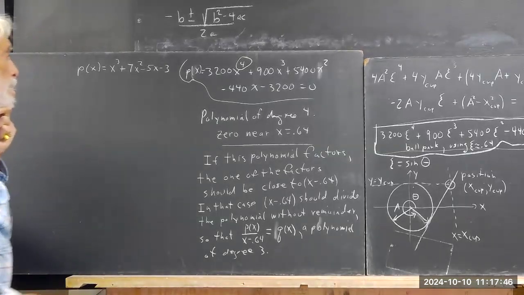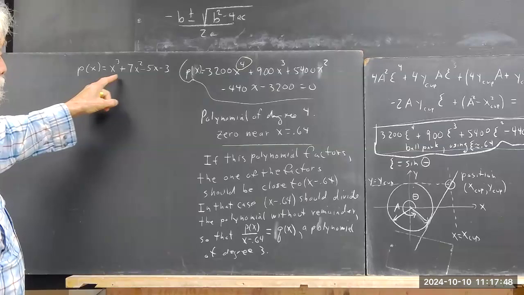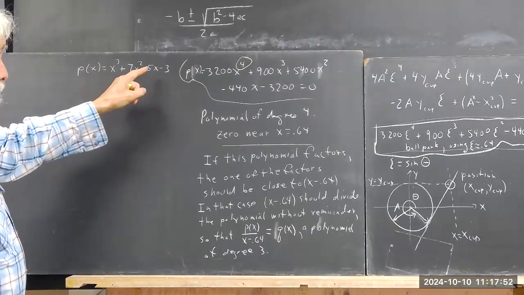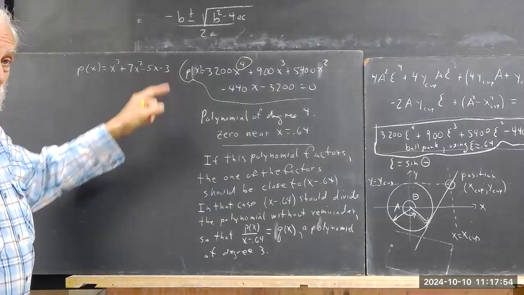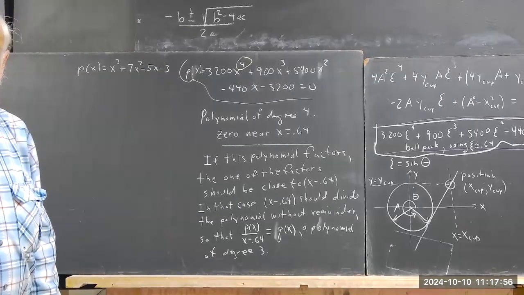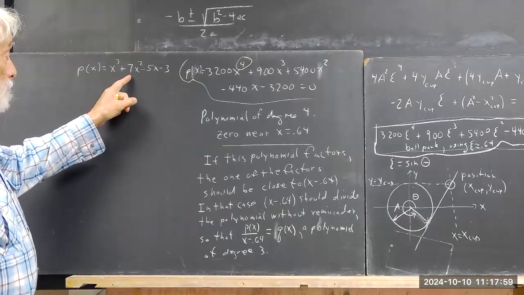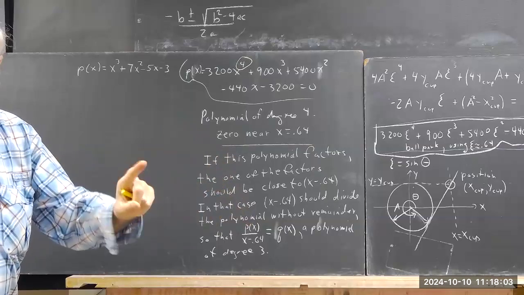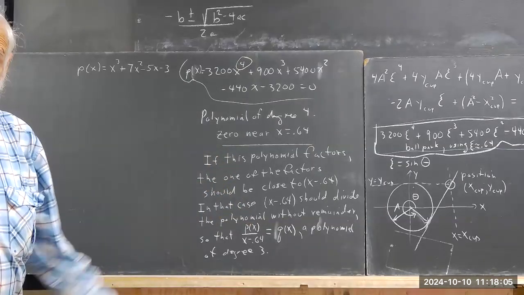Now you can check: if I substitute 1 for x, I get 1 here, and I get 7 here, I get 5 here, and negative 5 and negative 3, right? In those numbers, 1 and 7 add up to 8, -5 and -3 add up to -8. So 1 is a 0 of this polynomial.